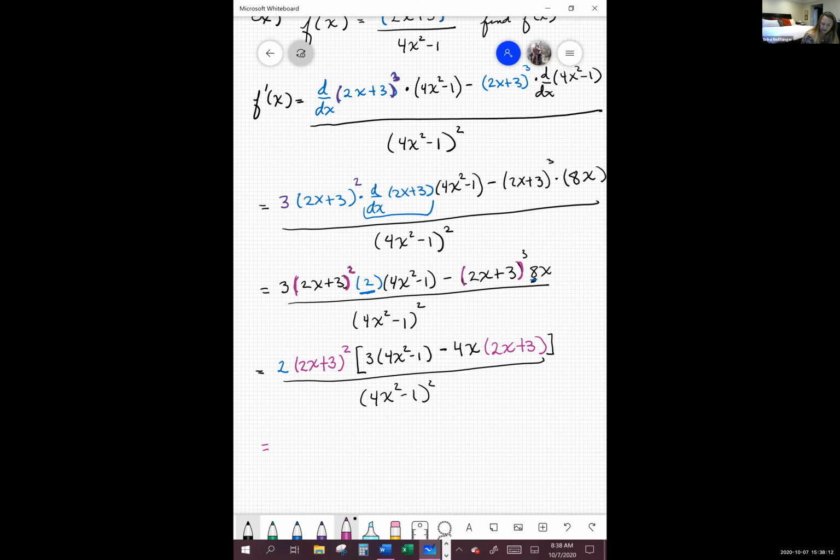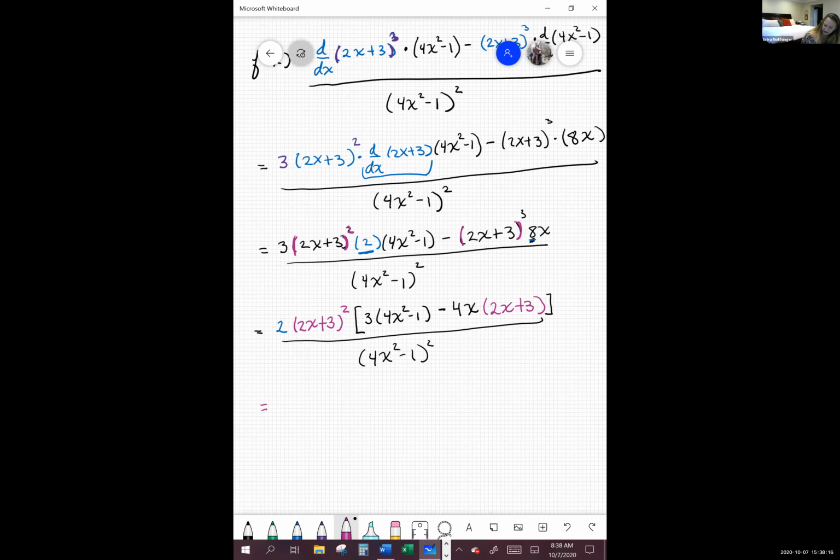Okay, so we got 2, all times (2x plus 3) quantity squared. So I'm just going to distribute here. Let's distribute our 3. So 3 times 4x squared, that is 12x squared. 3 times negative 1, so minus 3.